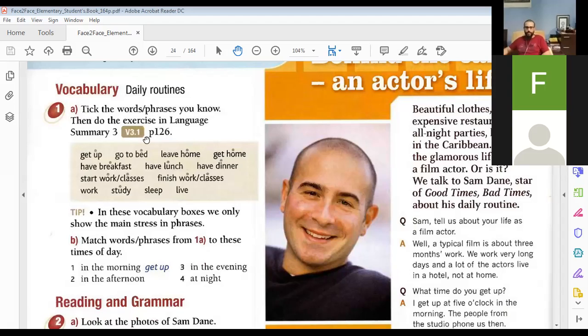What are the things we do in the evening? What do you think? Have dinner. We have dinner in the evening. What else? We go to bed. I think it's too early. We go to bed at night, right? Night, yes. What other things can we do in the evening?